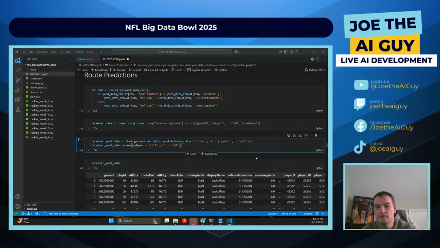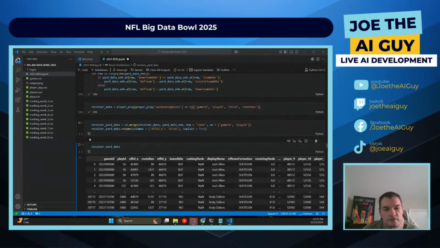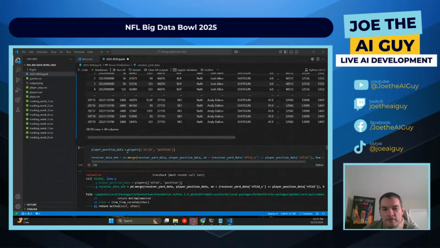And then we want inplace equals true. Now we see that this is now NFL ID.